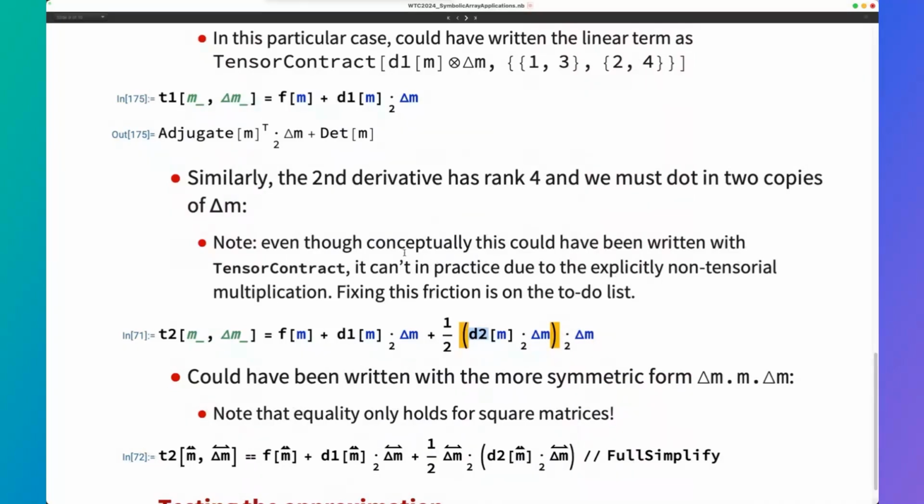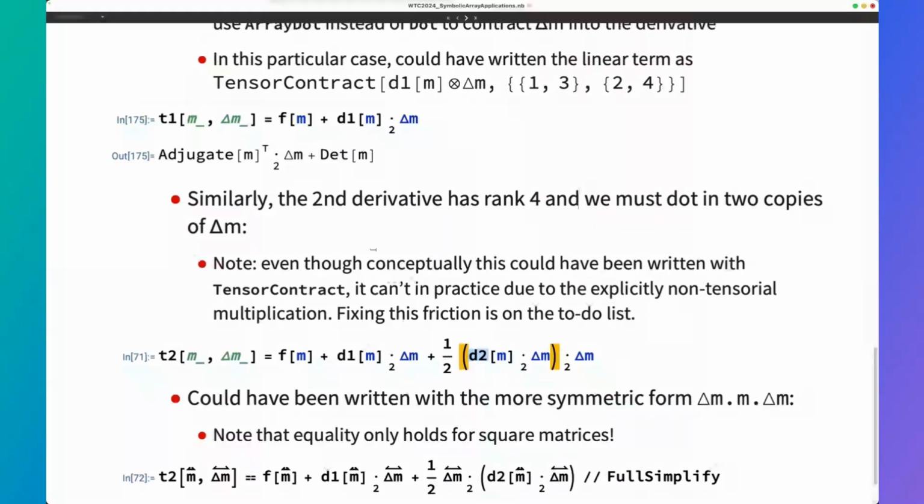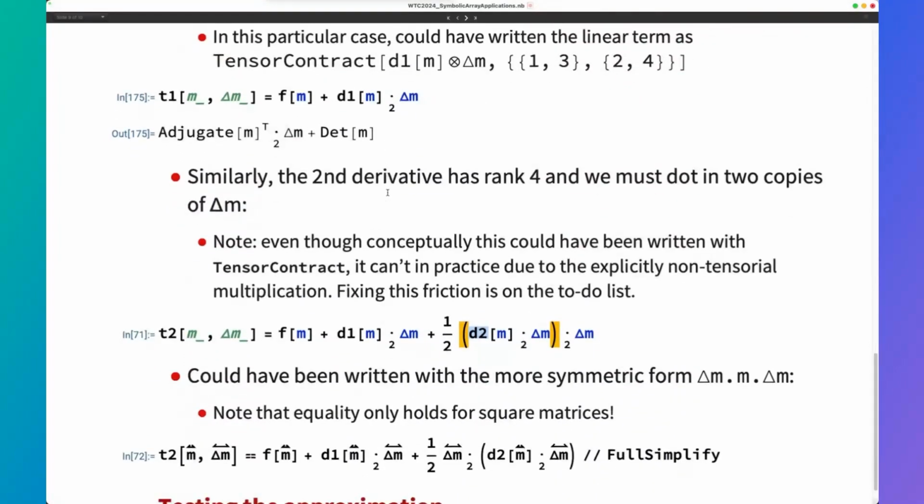Even though conceptually this could have been written using tensor contract, in practice it can't because there's this non-tensorial multiplication of m inverse by the ones array. So tensor contract would be unhappy if you tried to use it here.